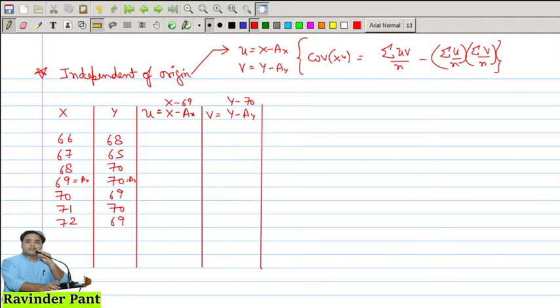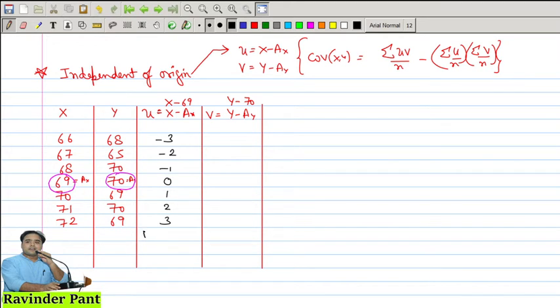So we have these values. We know that these are now considered to be the arbitrary constants, the assumed values for x and y, and now we get the values. 66 minus 69 will give you minus 3, then minus 2, minus 1, 0, 1, 2 and 3.